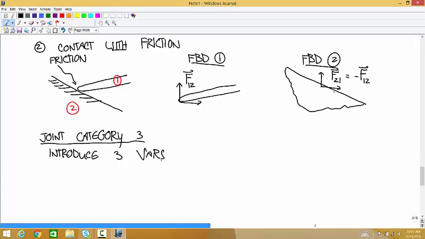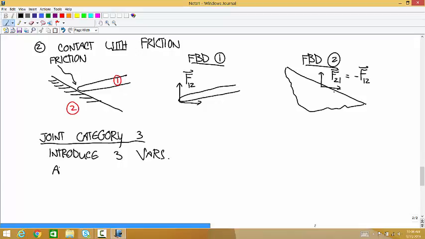And since there's only 3 degrees of freedom, there's only one possible way to introduce 3 variables. That is to limit 2 components of translation and to limit rotation about the z-axis. That's the only type of motion that's available to something in 2D. So it just says it doesn't allow any of it.